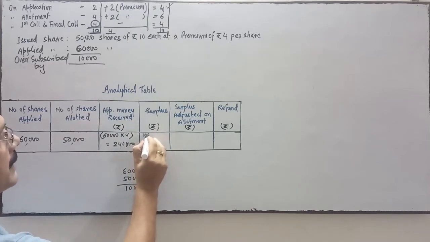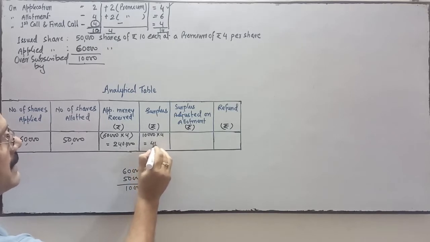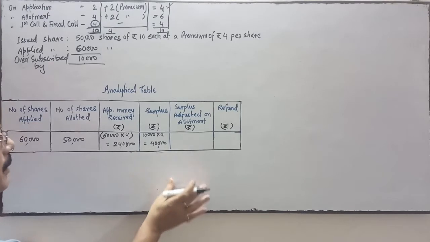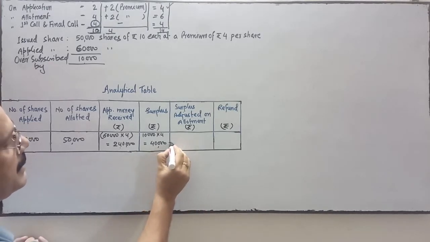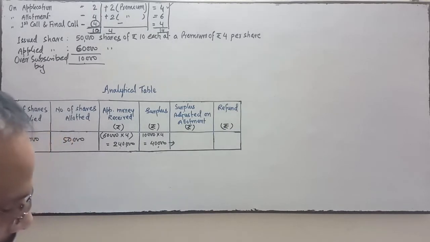So 10,000 into 4 means 40,000 is the surplus amount. This surplus will be adjusted on allotment.